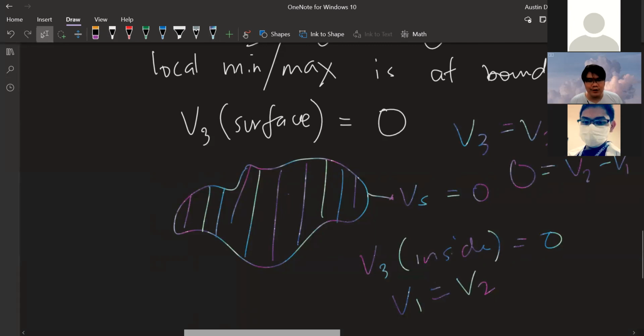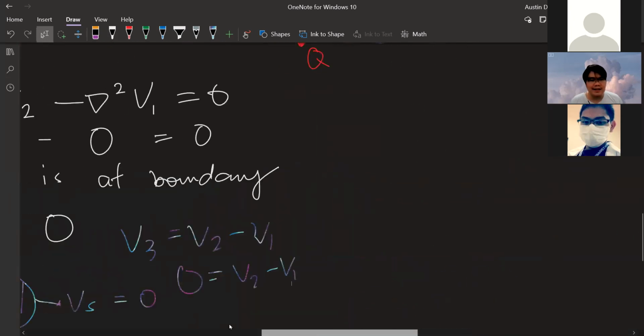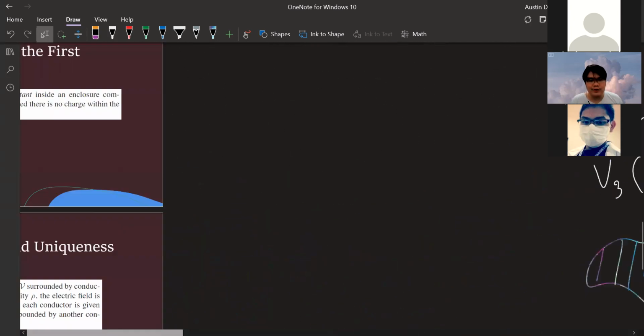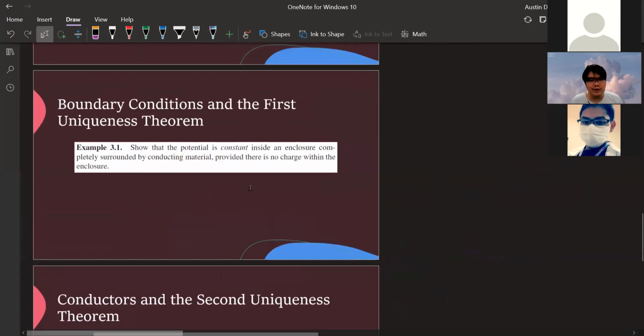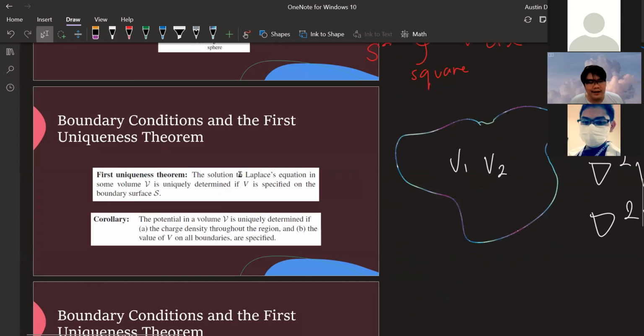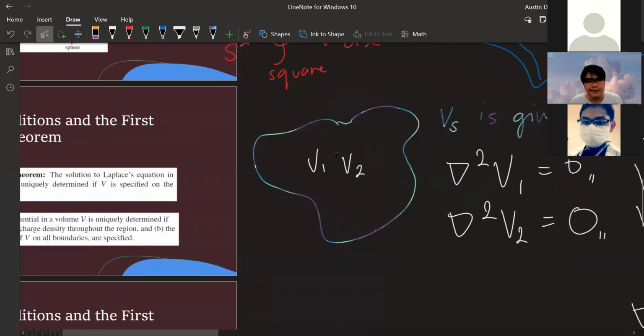So, tinry ko i-disprove yung uniqueness theorem. But, ang napala lang natin is unique talaga ang answer sa loob ng volume mo. Okay? So, sa loob ng volume mo, basta given yung potential mo, V, on the surface, unique yung sagot na potential na malalaman mo at the inside. So, ganun yung explanation.